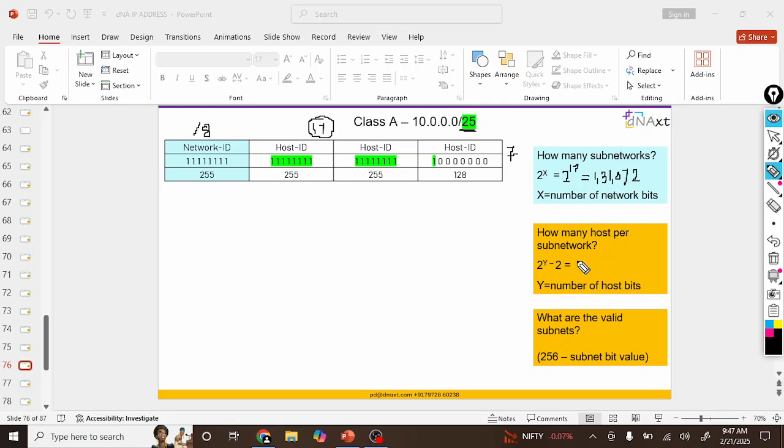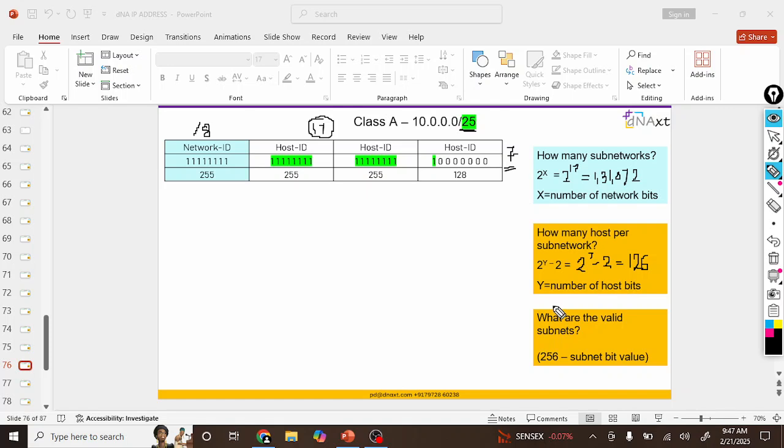How many hosts per subnetwork will we get? That is according to our host bits, and we have only 7 host bits over here. So 2 to the power 7 is 128, 128 minus 2 is 126. So you will get 126 hosts per subnetwork in slash 25.